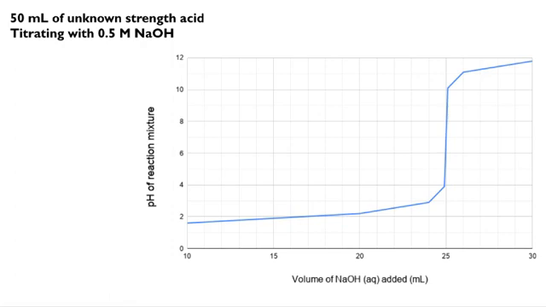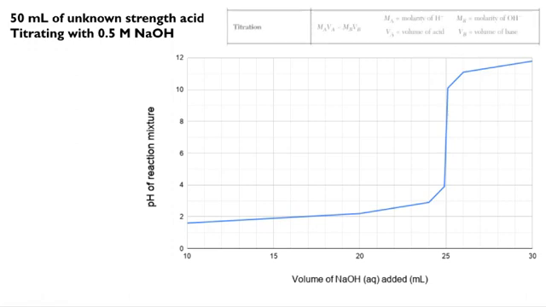Let's think about how a titration curve could be useful to us in other circumstances, besides just looking at a simulation. Here's a titration curve showing 50 milliliters of an unknown strength acid, which was titrated with 0.5 molar NaOH, base, sodium hydroxide.